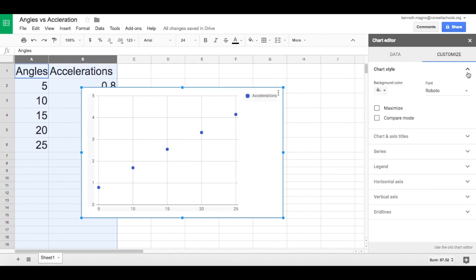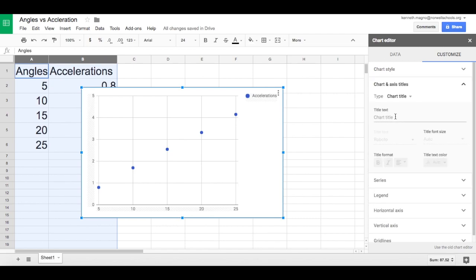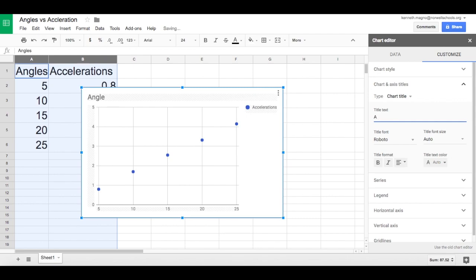Our chart style has already been kind of chosen there. Under chart axes and titles, the chart title will be: variation of acceleration with change in angle.